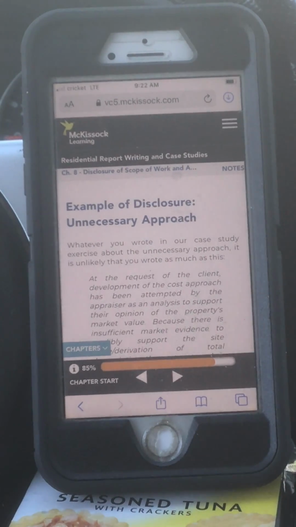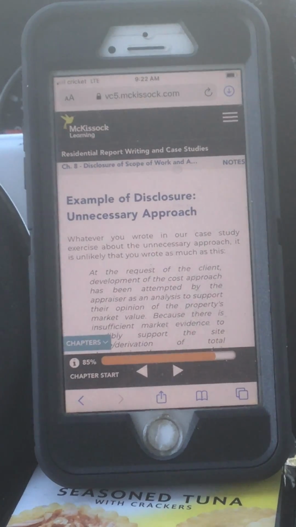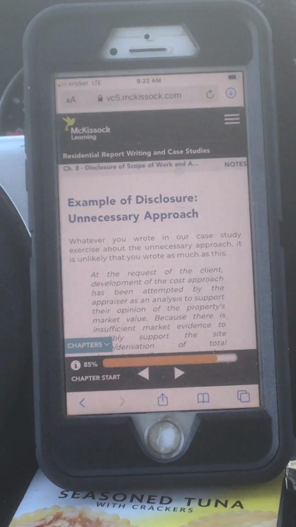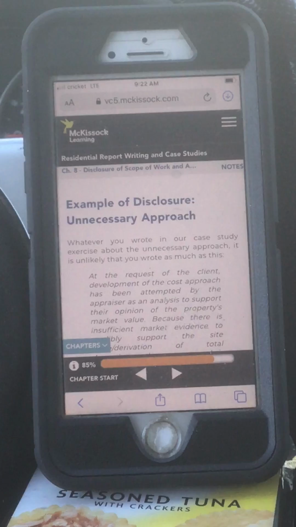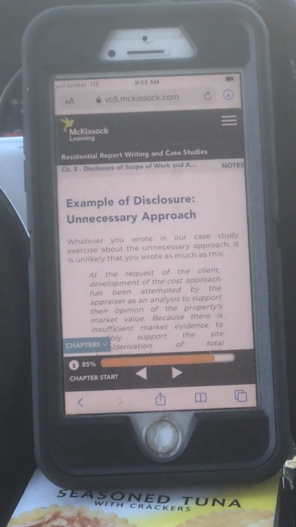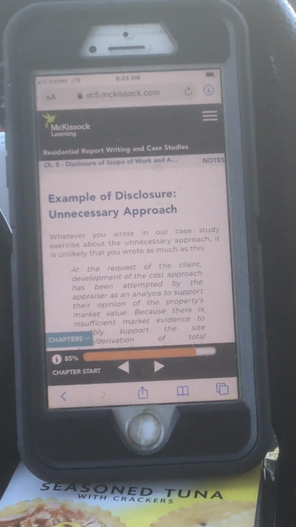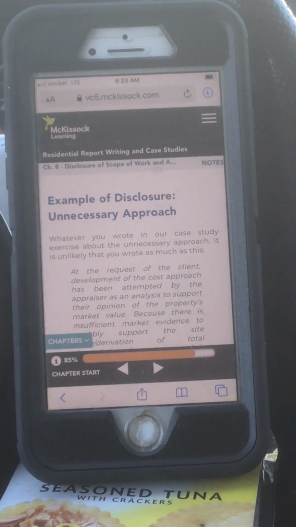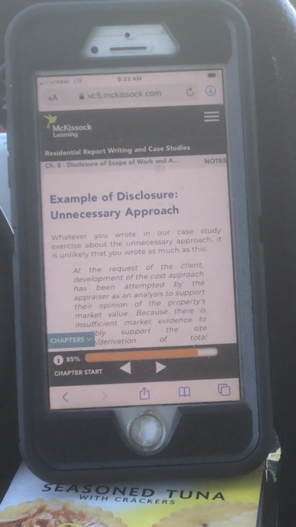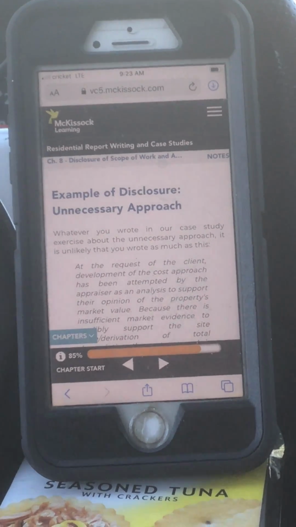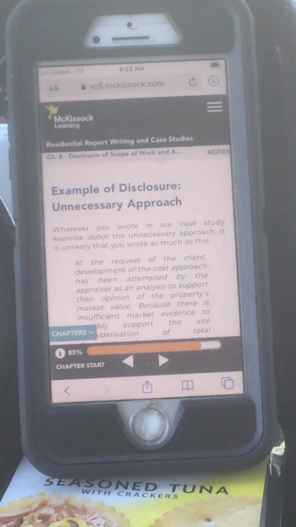Unnecessary approach. Whatever you wrote in our case study exercise about the unnecessary approach, it is unlikely that you wrote as much as this. At the request of the client, development of the cost approach has been attempted by the appraiser as an analysis to support their opinion of the property's market value.